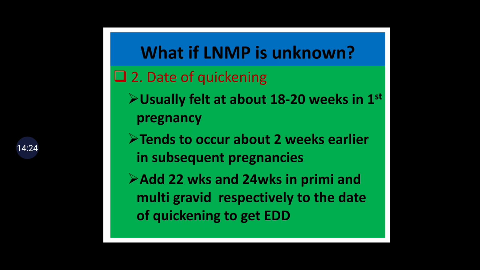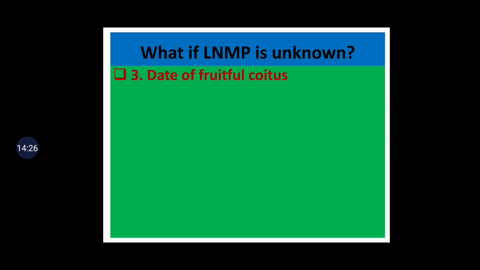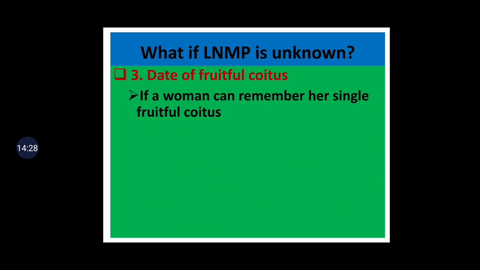of quickening in multigravida. The other method is date of fruitful coitus. We can use date of fruitful coitus if a woman can remember her single fruitful coitus, like pregnancy after a rape or couples working in different places with one occasion of fruitful coitus.